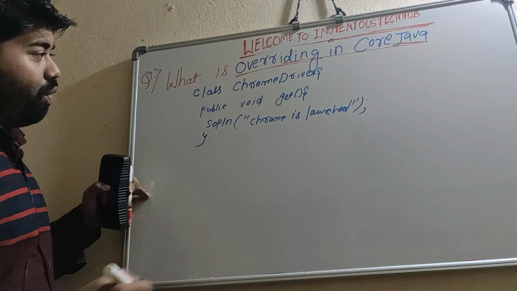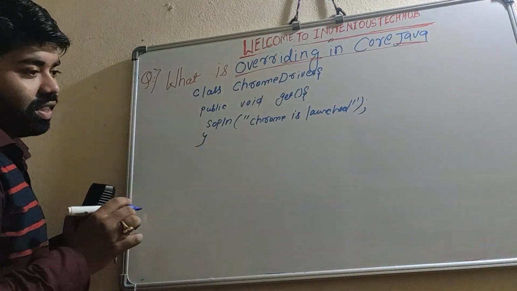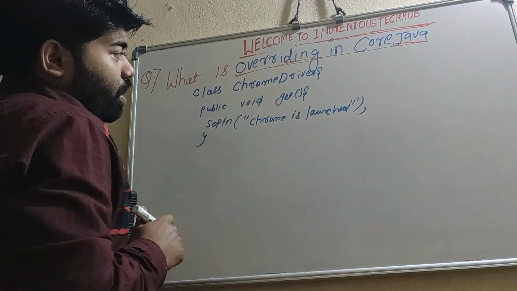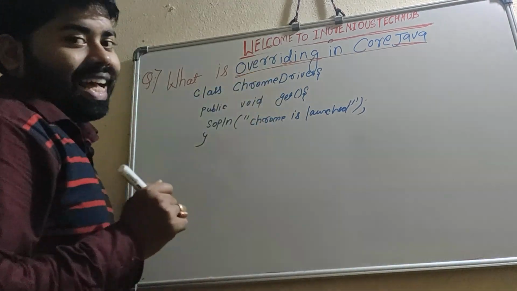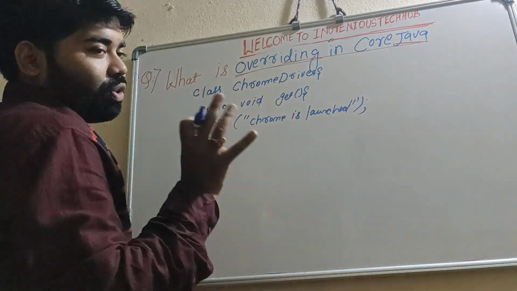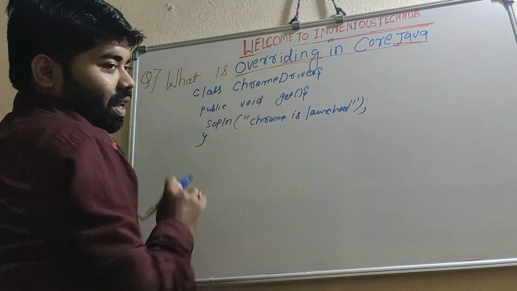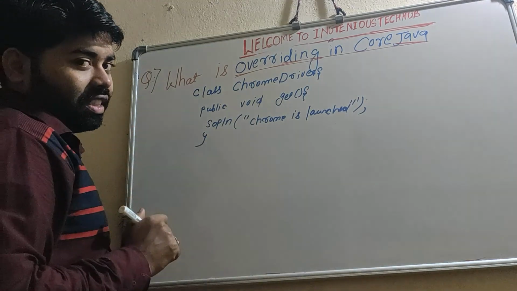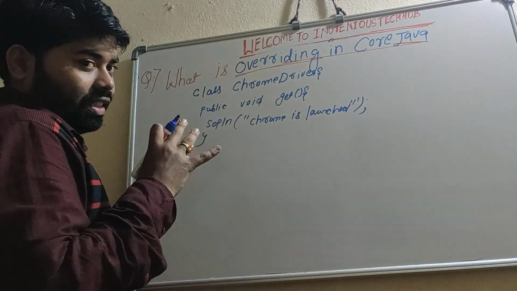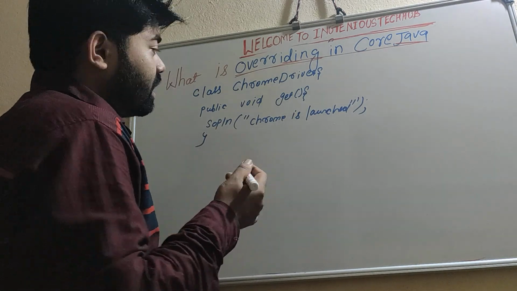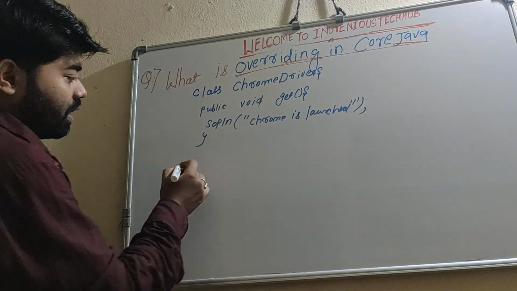Now, the overriding concept: we cannot perform overriding in the same class. The first rule for overriding is that we cannot perform it in the same class. We must have one more class. So how to create another class? We also have to provide the relationship.